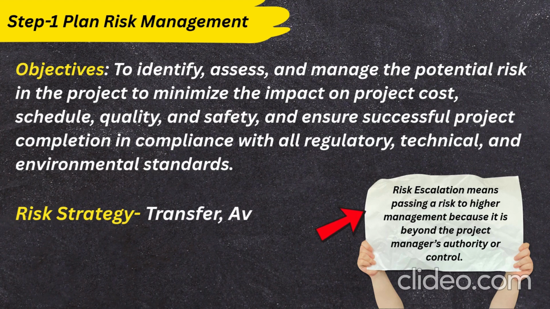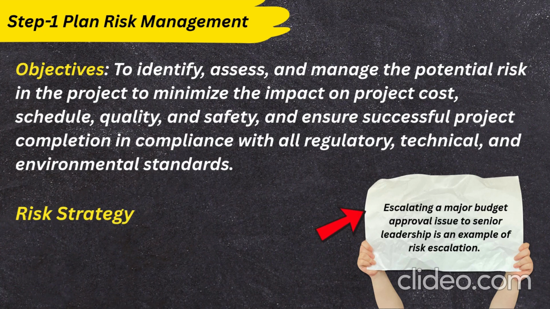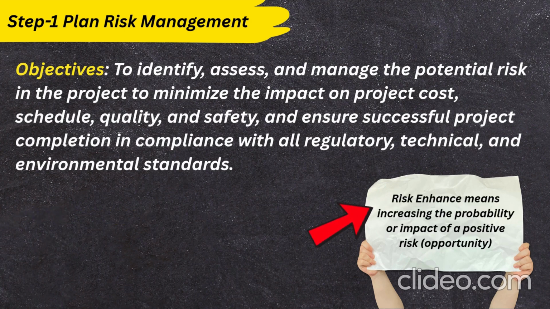Now the third risk strategy that we will be using in this project is escalate. Let's understand what risk escalation means. Risk escalation means passing a risk to higher management because it is beyond the project manager's authority or control. For example, escalating a major budget approval issue to senior leadership is an example of risk escalation.